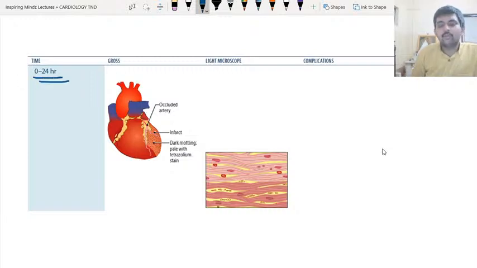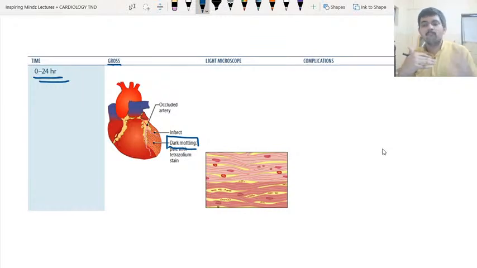So at 0 to 24 hours, what basically happens is that at gross pathology, you get something called dark mottling. Why is there dark mottling? Because there is an infarction in that specific area, and when a cardiac tissue undergoes infarction, it becomes mottled and appears dark, right?